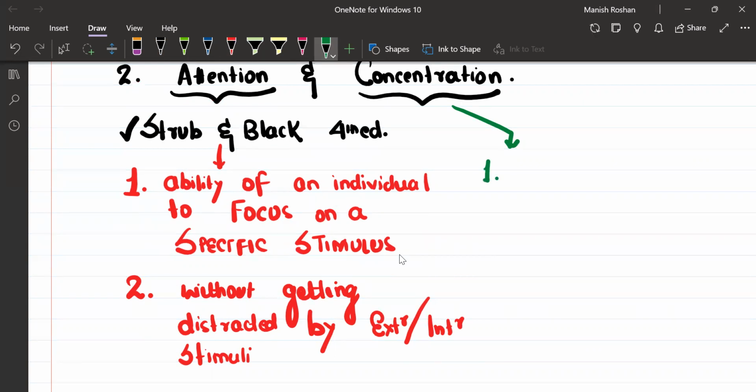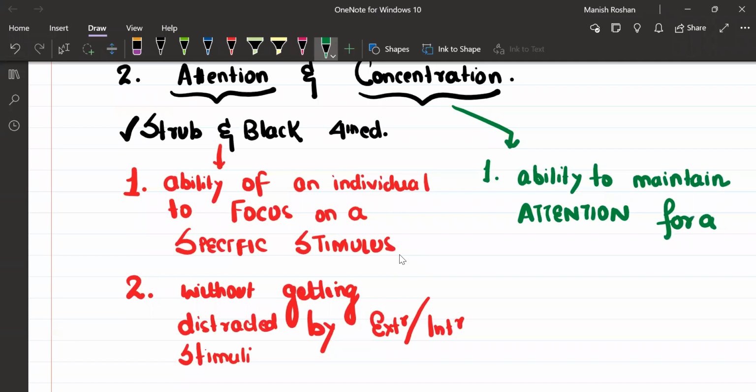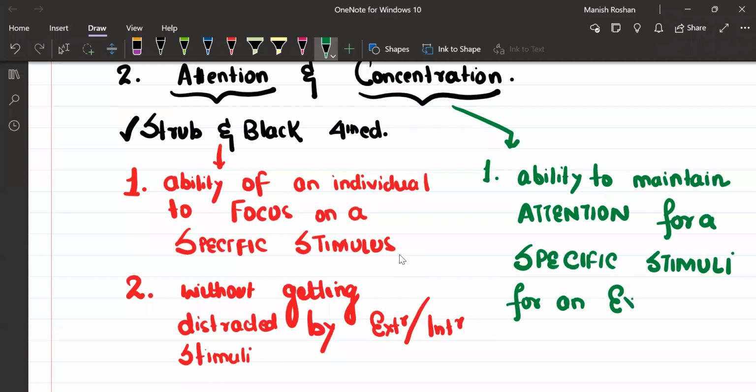Concentration is defined as the ability to maintain attention for a specific stimulus for an extended period of time.